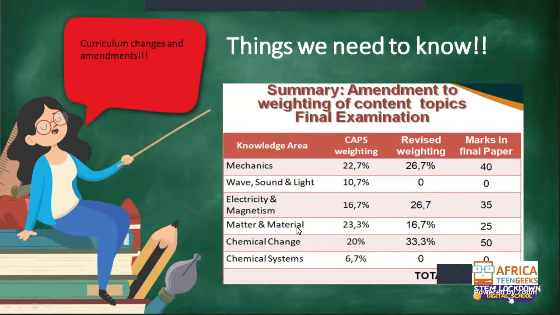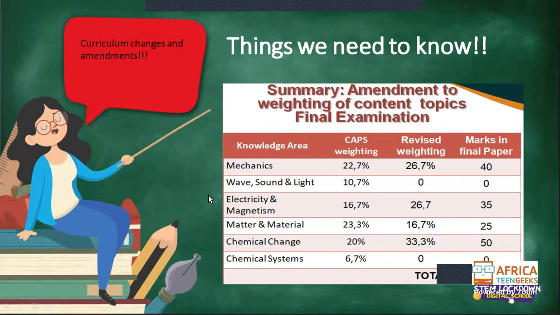Chemical systems is omitted, so it's not going to count for anything this year. Waves, sound, and light are also removed from the CAPS program for 2020 Physical Sciences Grade 11.